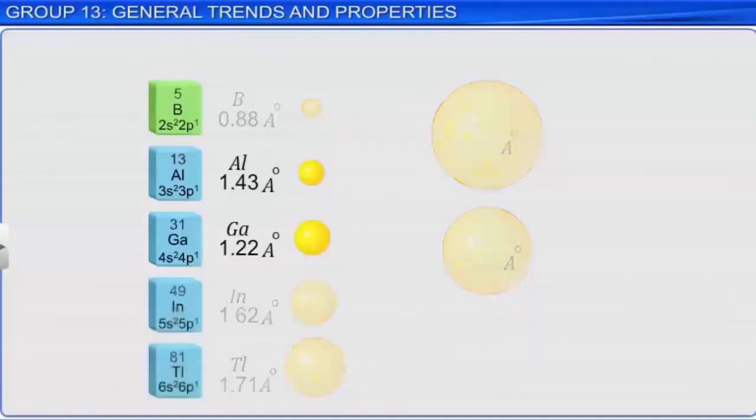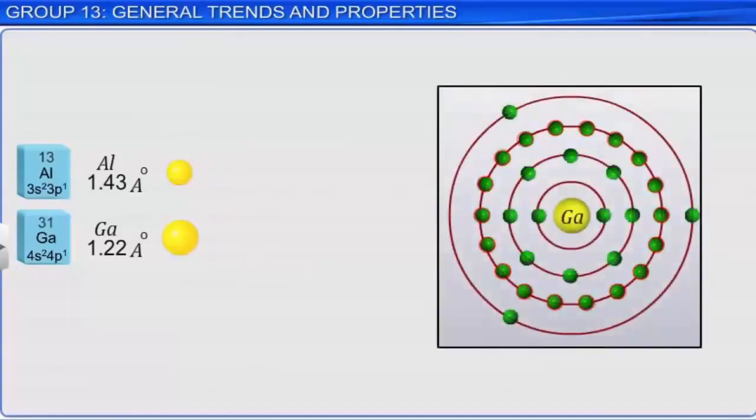Answer: gallium has 10 d electrons in addition to the noble gas core. These d electrons provide very little shielding from the nuclear charge, since d orbitals have little electron density near the nucleus. Thus, the outermost electrons in gallium are held more tightly than in aluminium.